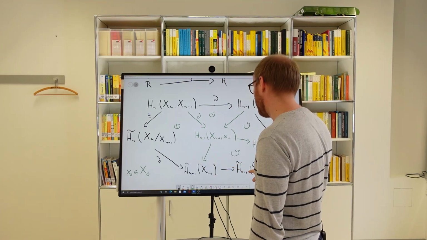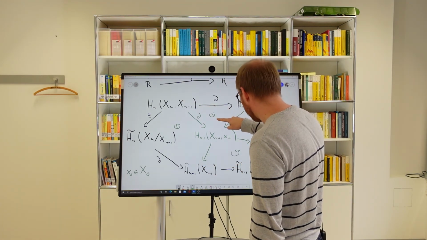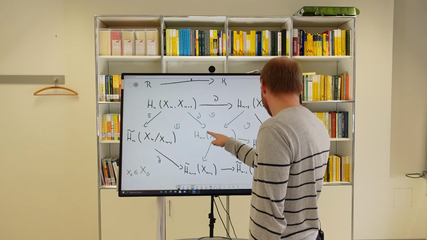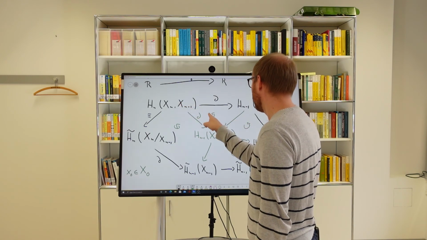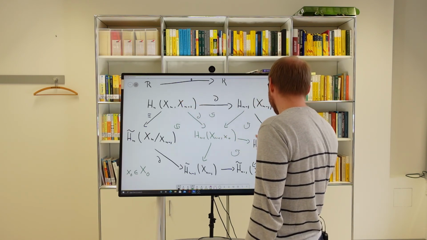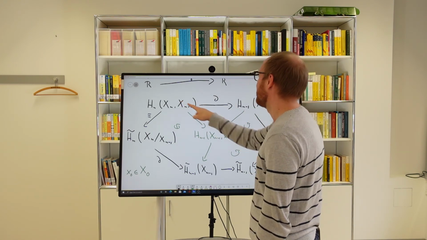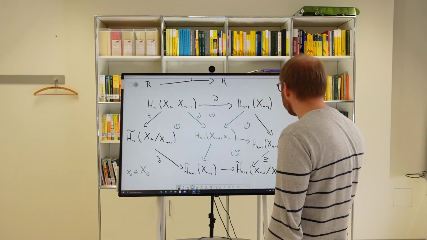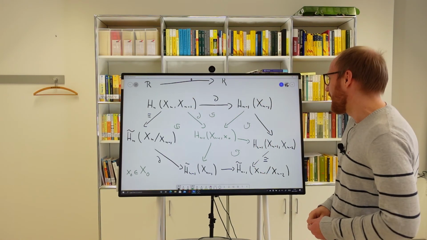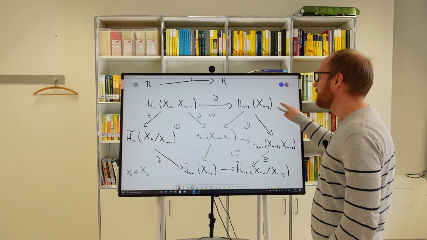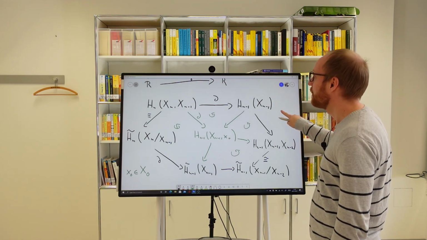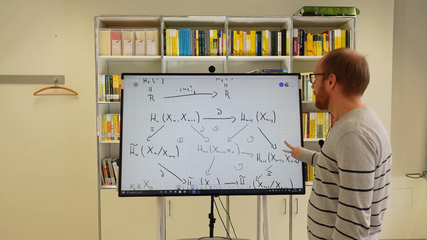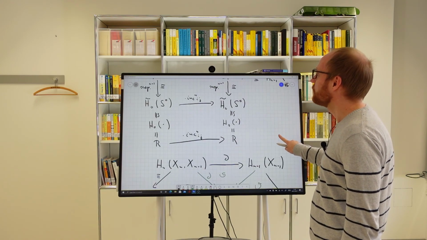Now by commutativity here, that's the same thing as going along here, and by commutativity in this triangle, that's the same as going along here, and finally by commutativity in the last triangle, that's the same as going along here. So these small commutativities gave you the commutativity of the outer part of the diagram, and that's all we needed to show.